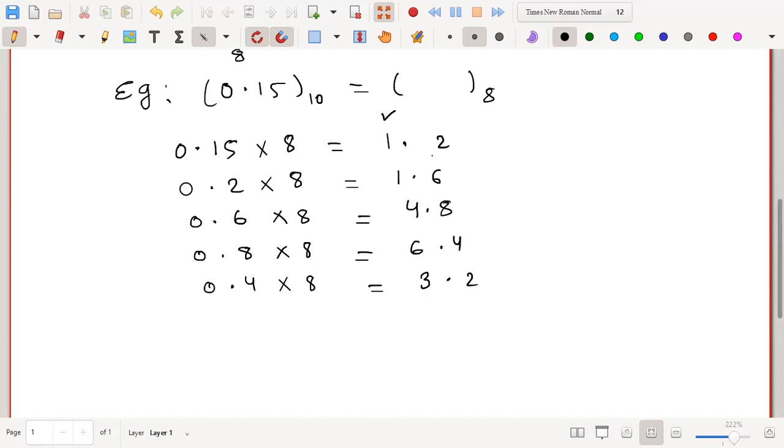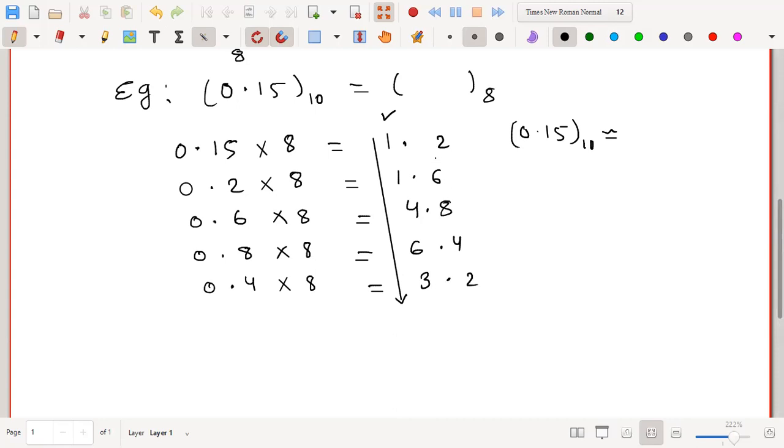So in other words, what do I say? That it is 11463, then again 11463, then again 11. So this is repetitive. So therefore, what do I write? I write that 0.15 to the base 10 is equivalent to this number, and this number would be repetitive because you see that here it is 0.2 and after this it is repeating, isn't it?